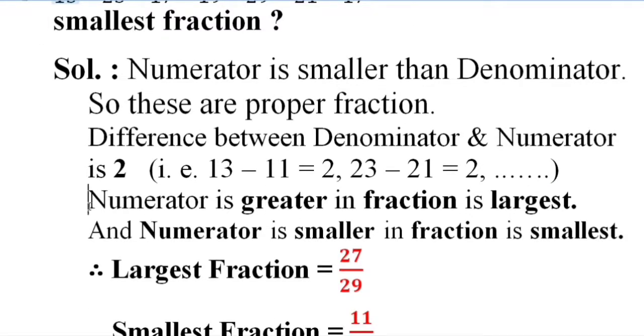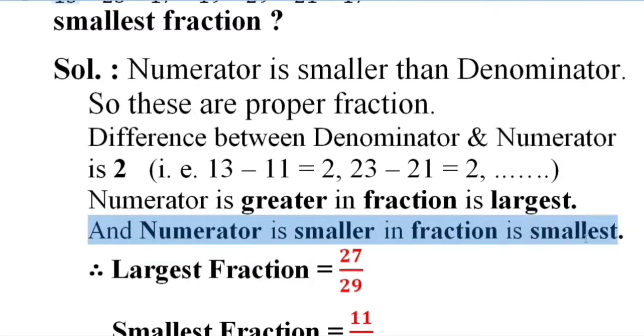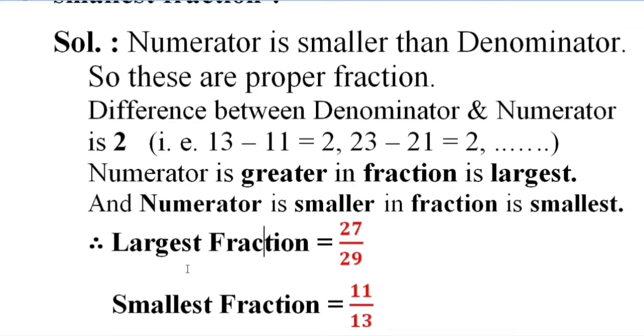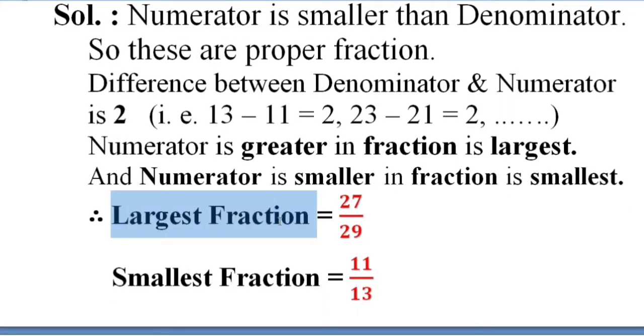The fraction with the greater numerator is the largest, and the fraction with the smaller numerator is the smallest. Therefore, the largest fraction is 27 by 29 and the smallest fraction is 11 by 13.